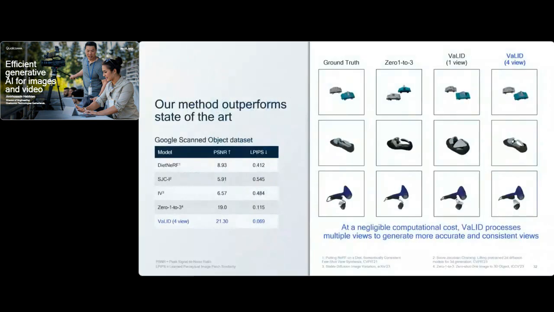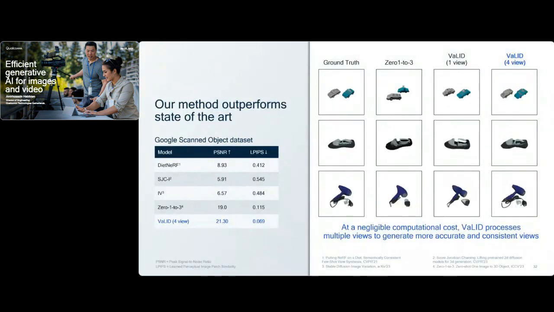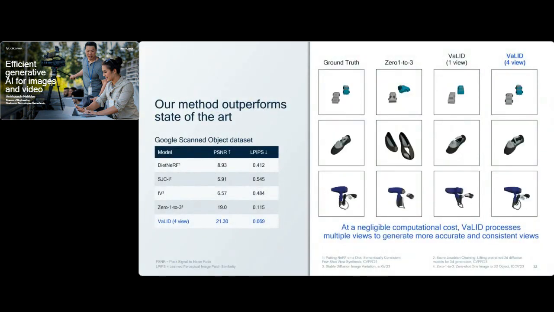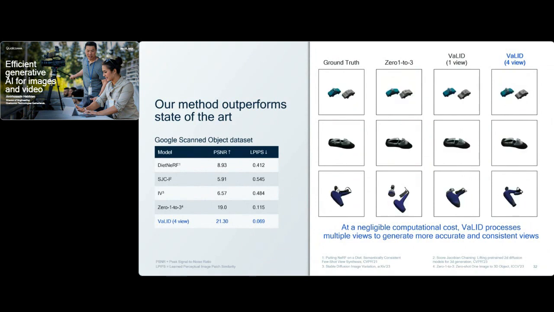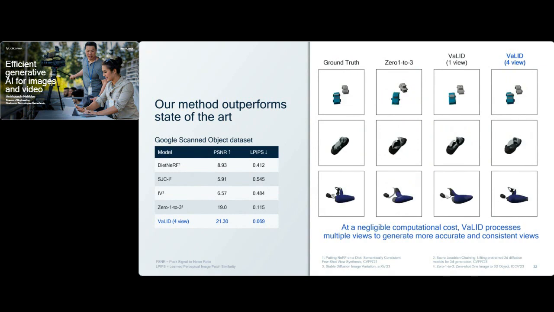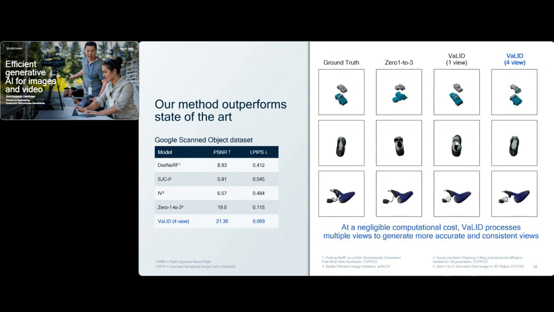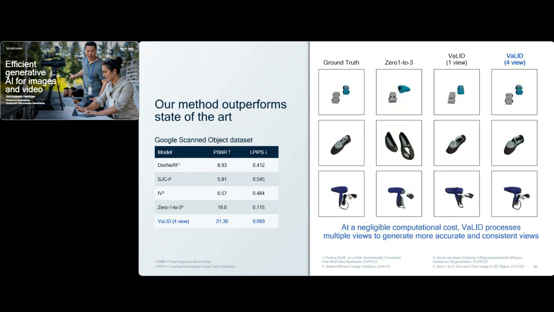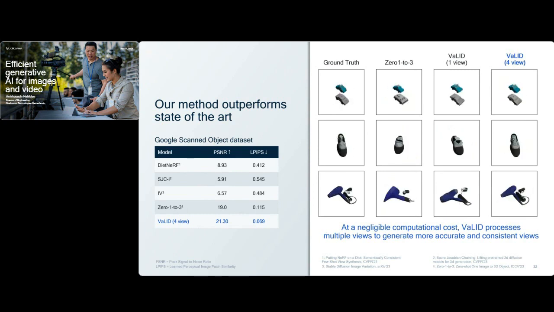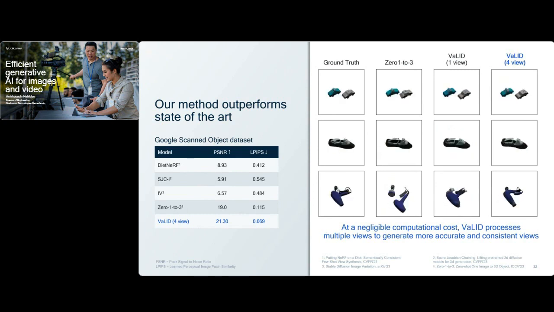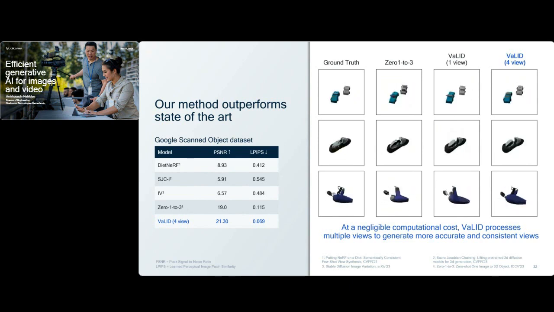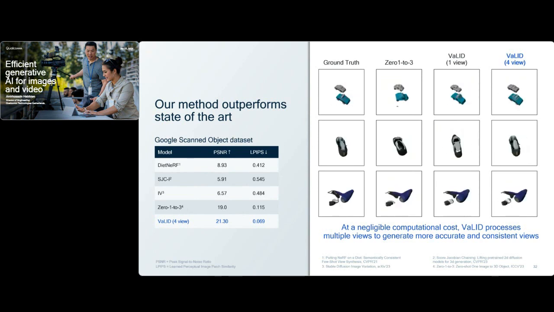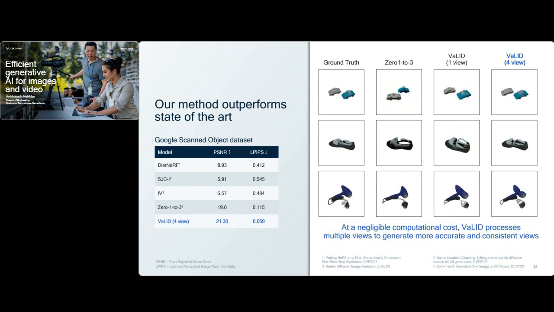Here I show some of the experiments conducted on public data, the Google Scanned Objects data in this case. On the right, we are comparing the generations from Zero-1-to-3 versus our proposed VaLID with a single view, and in the right column, VaLID using 4 views.